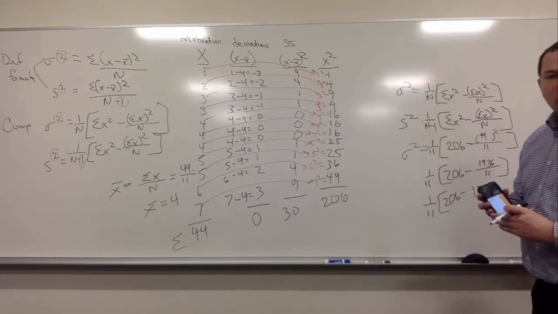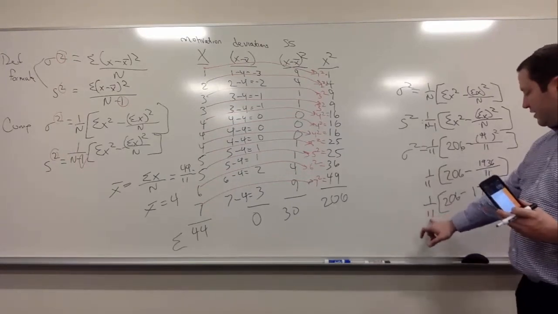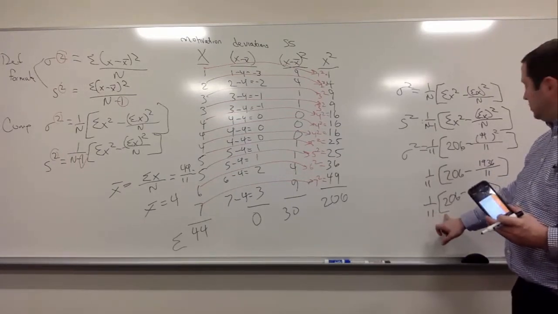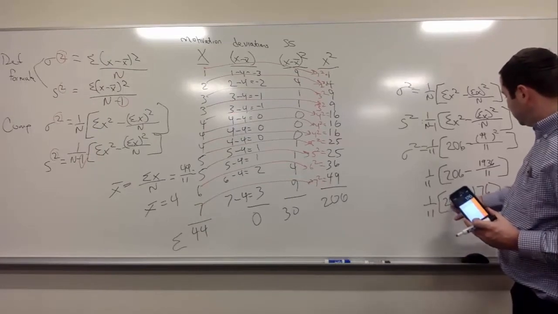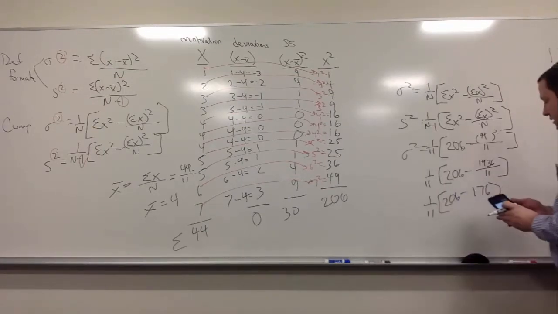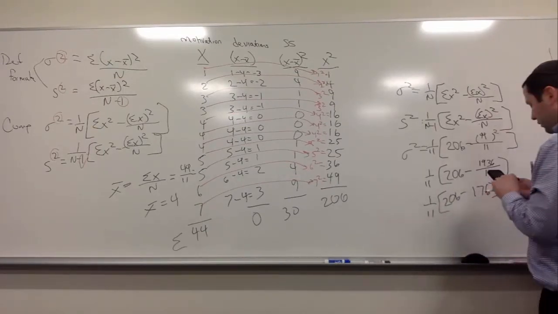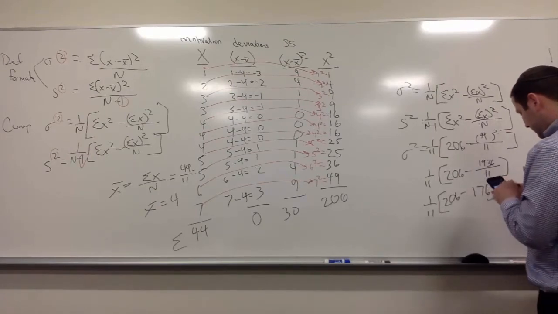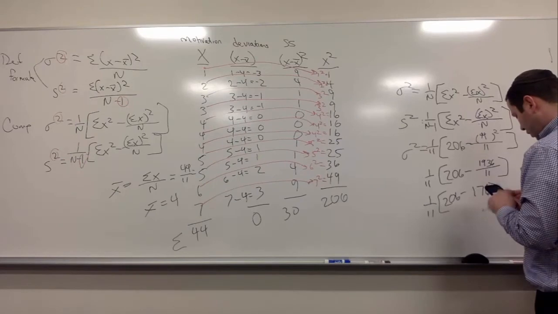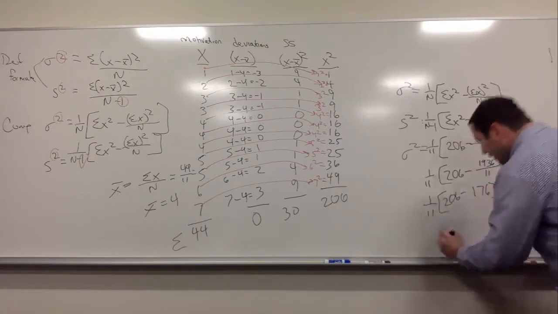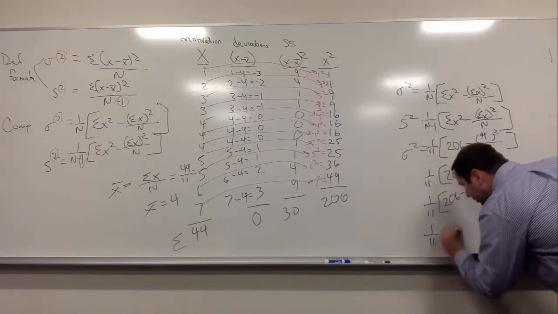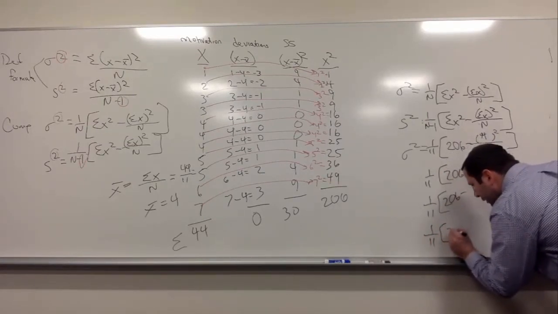So now we have 1/11 times 206 minus 176. 206 minus 176 equals 30. So we get 1/11 times 30.